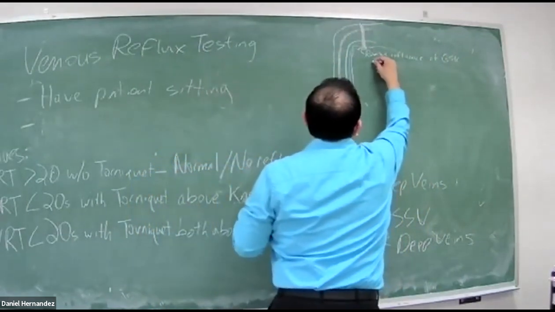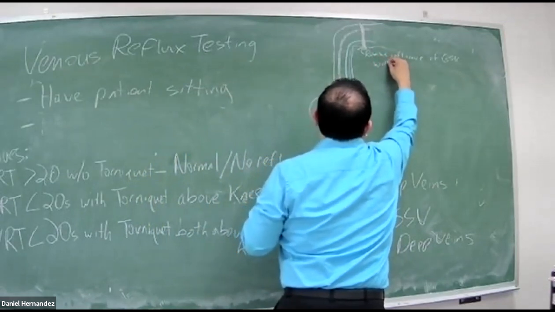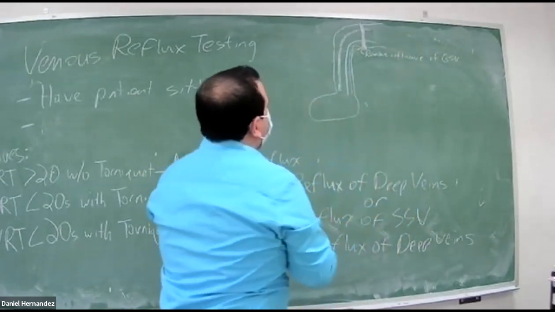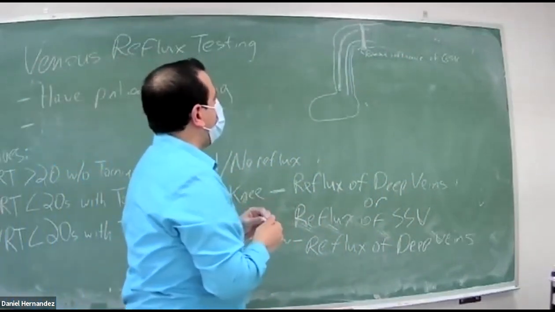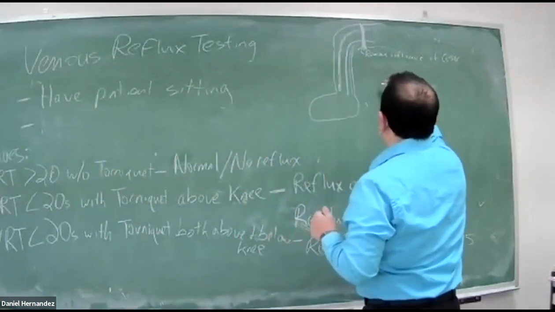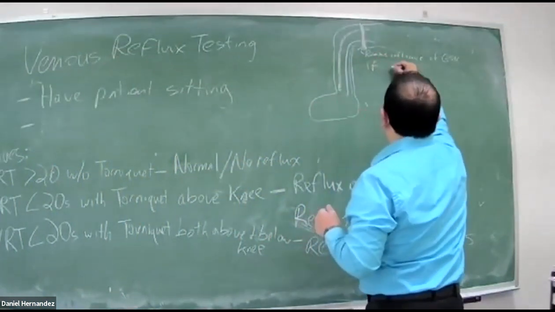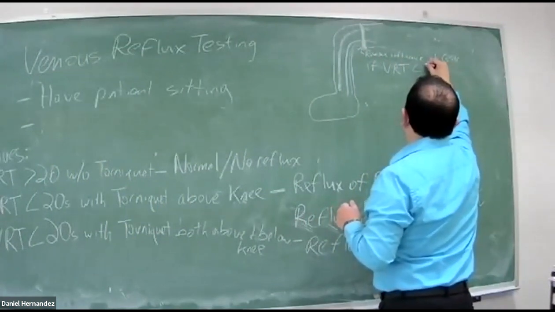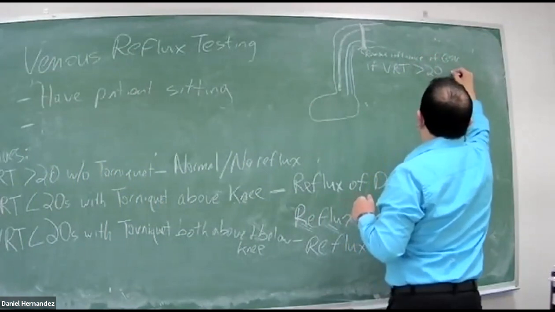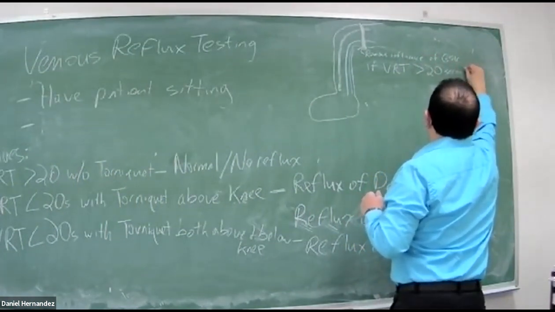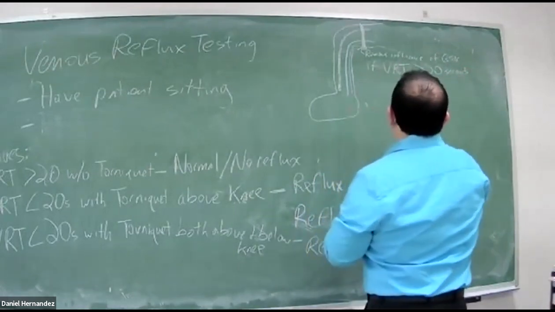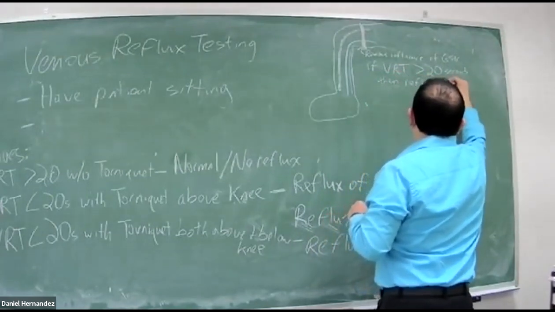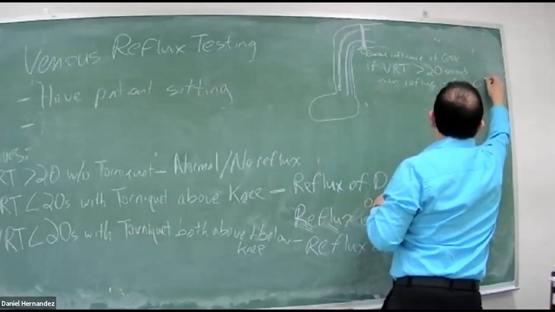So once we remove that influence of the GSV, if our VRT now goes back to normal, which is greater than 20, then the reflux is from the greater saphenous.